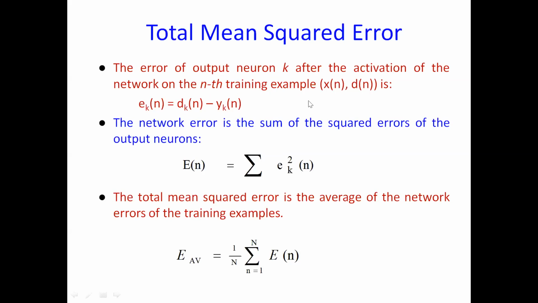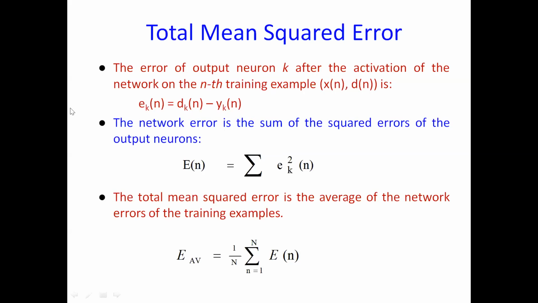So the input may be defined as xn and the desired output as dn. So the error for this neuron k at the nth training example is described as dkn, the desired one, minus the obtained output.